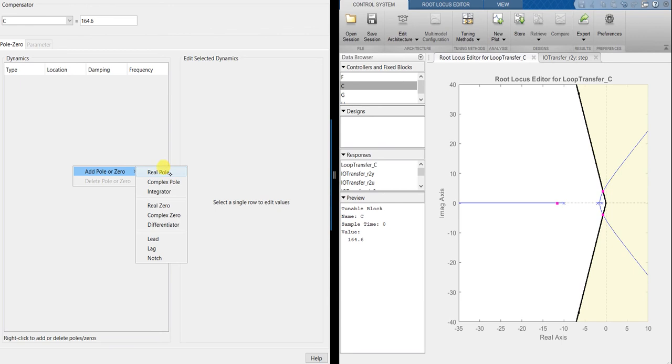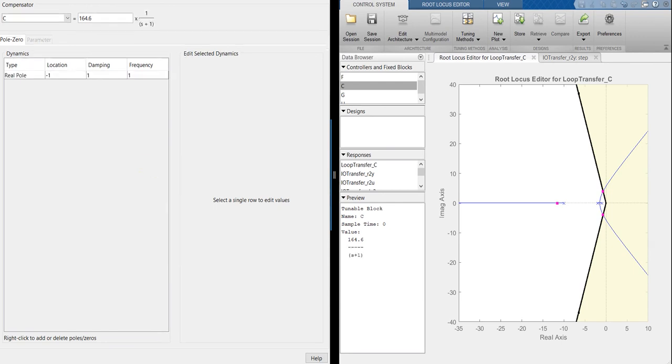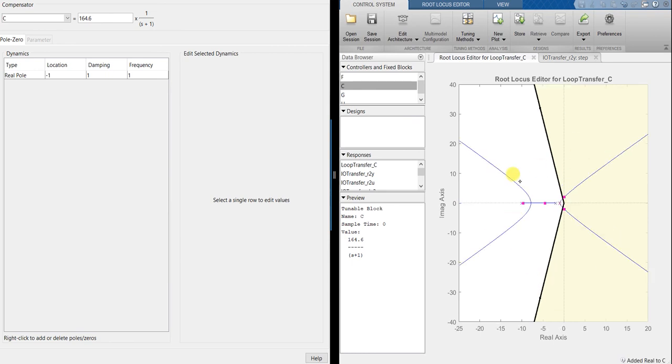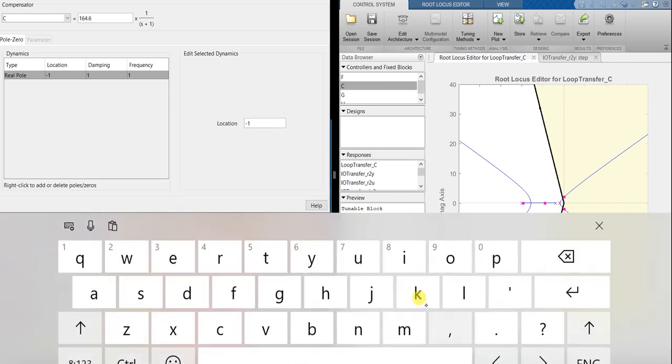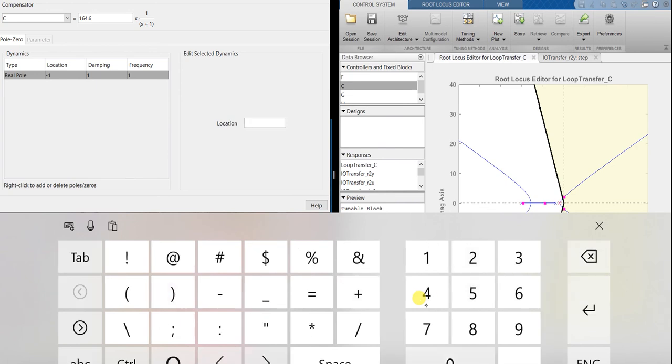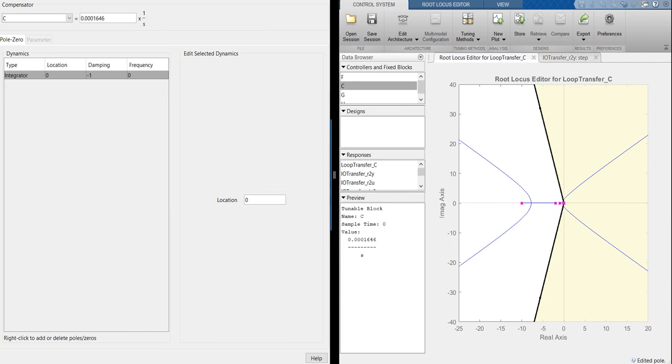Okay, now I will add a pole. I would like to get your attention to the changes that happen to the root locus of the system. You see, as soon as I introduce the pole, the root locus of the whole system changed. So we are going to place it at 0. And you see how the root locus has changed.